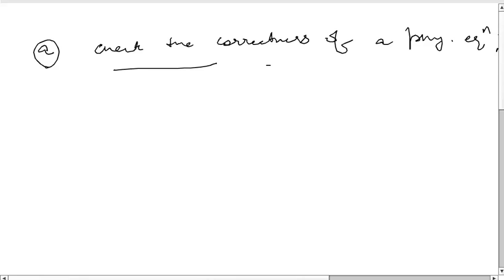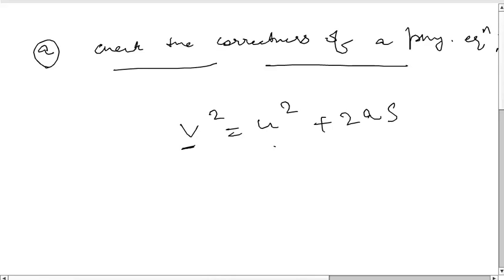We can check the correctness of a physical equation by comparing their dimensions. Let us take this example, v square is equal to u square plus 2as. Can you check the dimensions? For this equation to be correct, every single term should have the same dimension. When this is velocity square, it will be L to the power 2 t to the power minus 2.